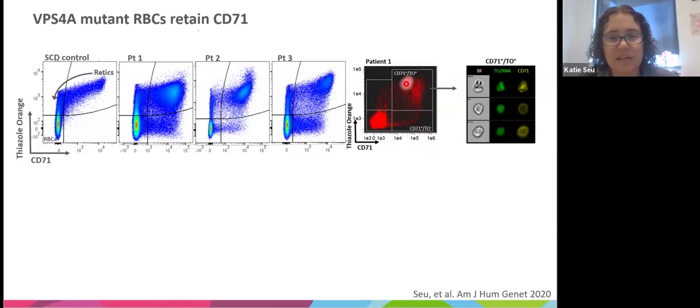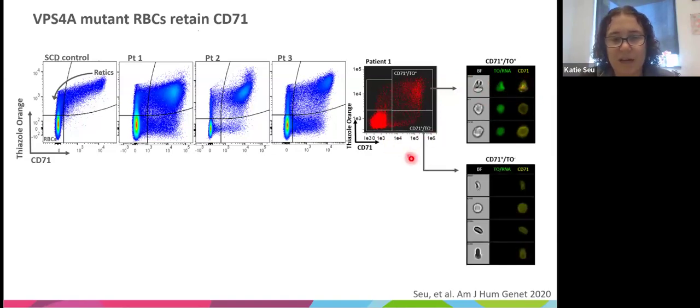And you can see in the CD71 TO double positive population, these cells look very much like reticulocytes, and again, you have this benefit of being able to see what the cells look like. So these look like reticulocytes. They have kind of larger, floppier, messier membranes. They haven't matured. They contain a lot of TO staining within their cytoplasm, and they have CD71.